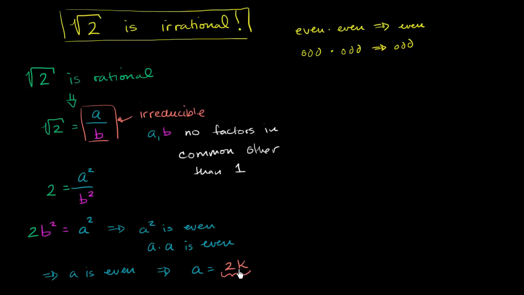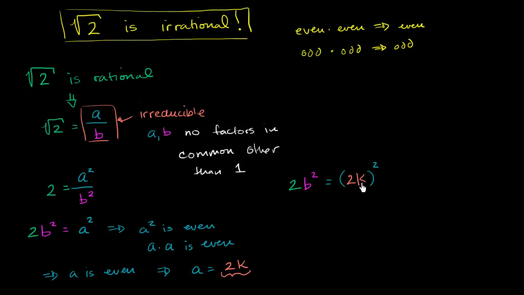and that comes out of the fact that a is even, then we could rewrite this expression right over here as 2b squared is equal to 2k squared. Instead of a squared, I could write 2k squared. We're deducing, assuming everything we've just assumed, that a is even.